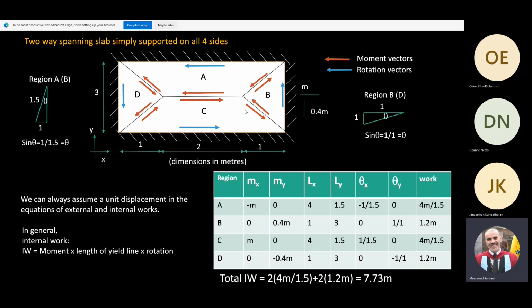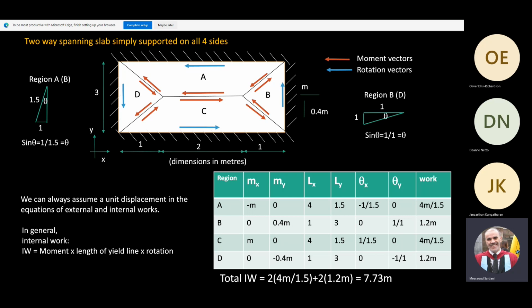So you multiply mx by lx theta x plus my times ly theta y, which gives you 1.2 times m, not meters, times m. And it's identical to d. So your total internal work will be the sum of all regions A, B, C, which gives 7.73 times m. 7.73 times m is the total internal work for this slab.